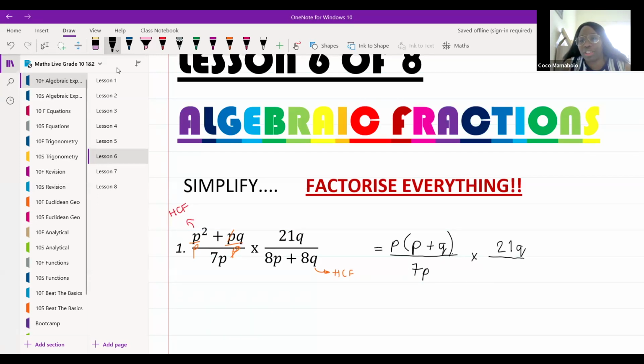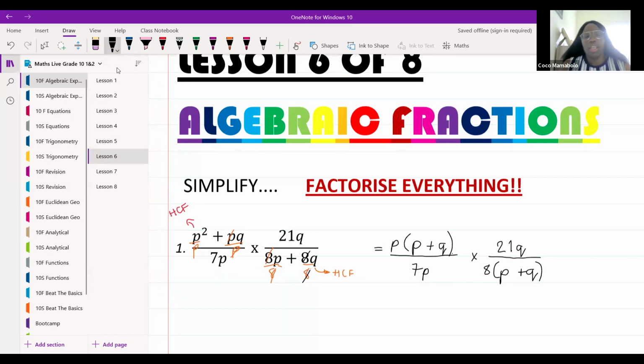There's nothing for me to factorize there. Over here at the bottom, I'm going to take out a highest common factor of 8. Then I'm going to divide this part by 8 and this part by 8. Now, 8p divided by 8 will give us 1p, which is just p. And 8q divided by 8 will just give us 1q, which is q.